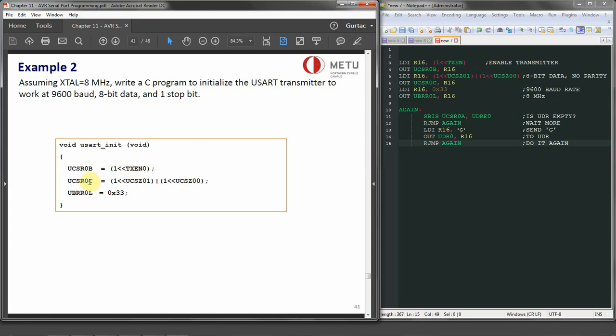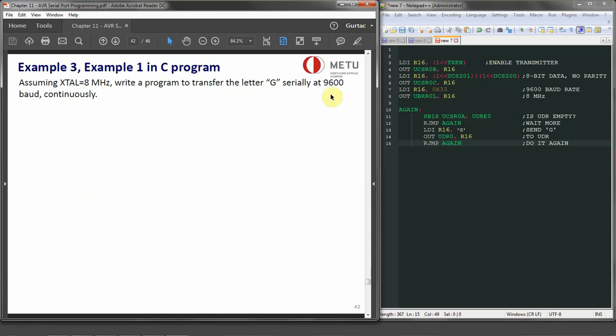Yep, and UCSR0C can be set, so we are setting that to be 8-bit, and UBRR0L for baud rate as hex 33.